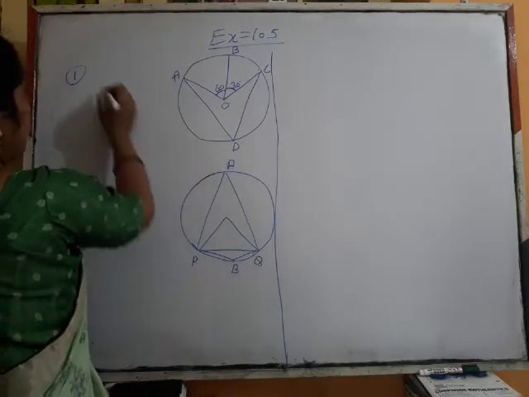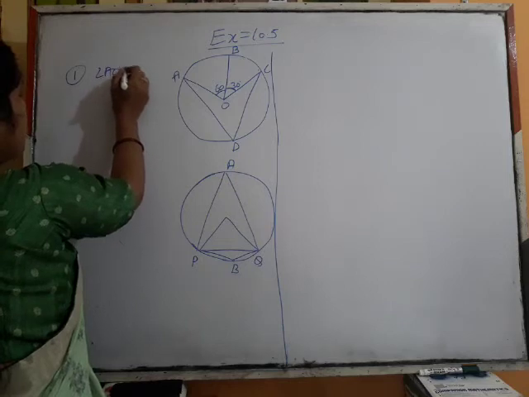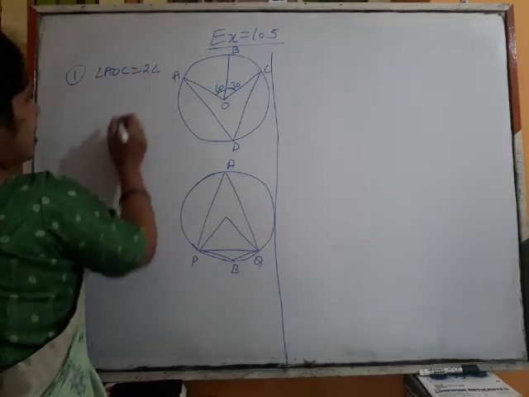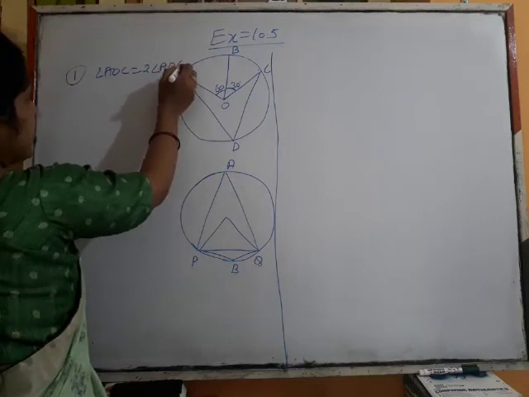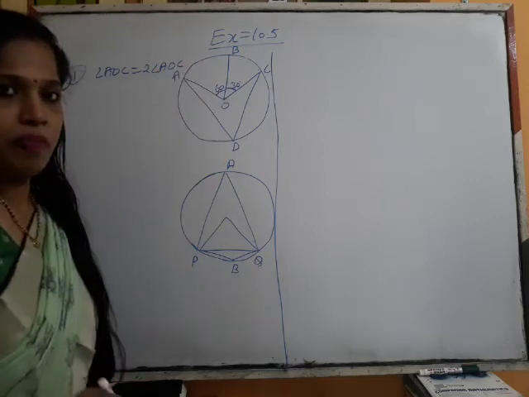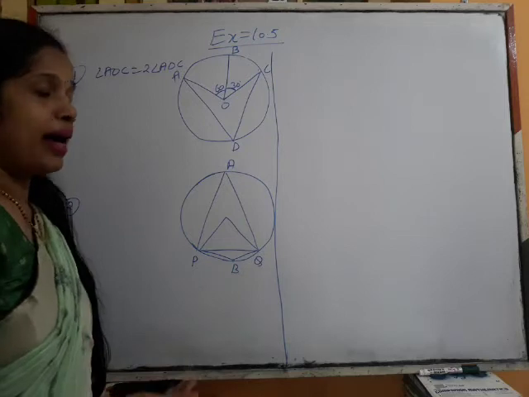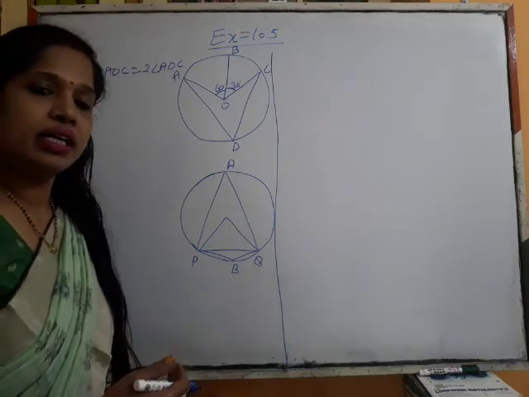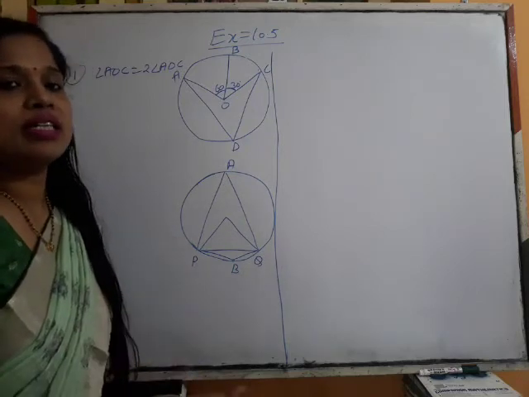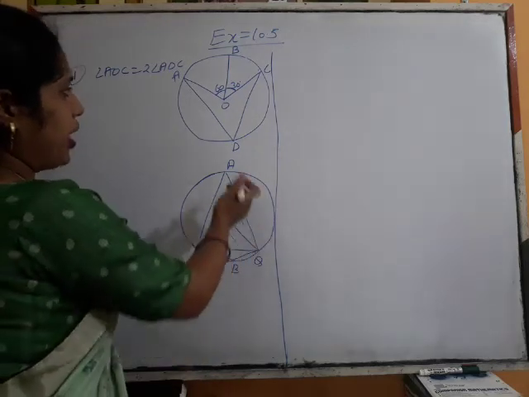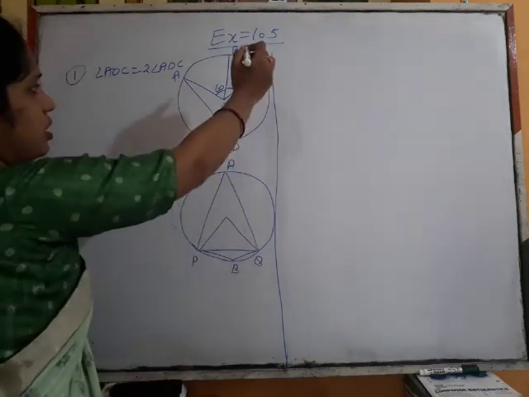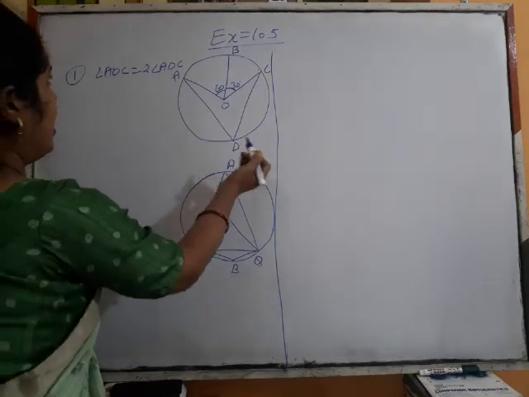So this is center O. Since angle AOC is twice the angle ADC, we'll use that theorem: the angle subtended by an arc at the center is twice the angle subtended by the same arc at any point on the remaining part of the circle. D is the point.